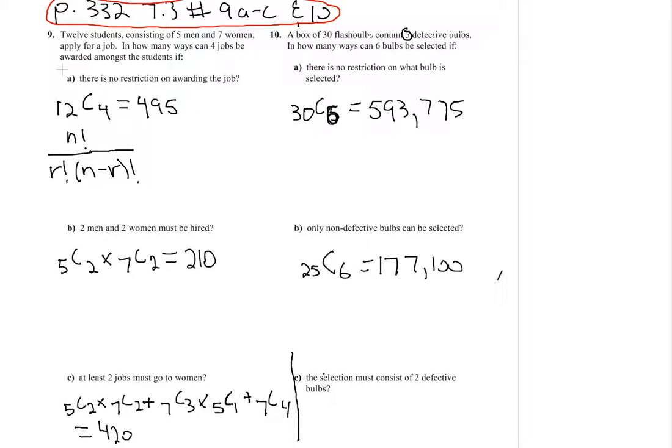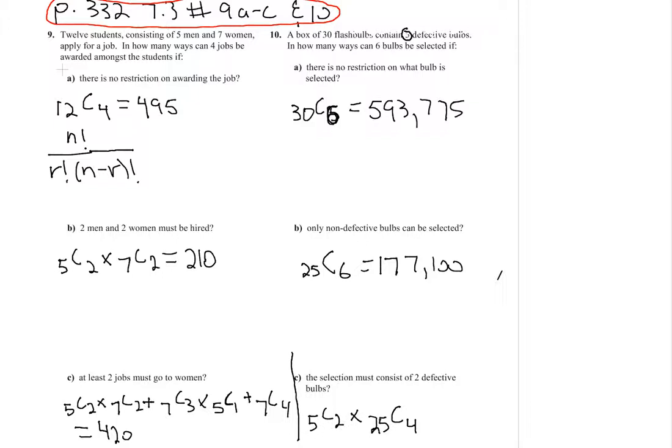Lastly, we have C. The selection must consist of 2 defective bulbs. So now we have more restrictions. Of the 5 defective bulbs, we're choosing 2 of them. Take a second to note this is a very tricky situation, because a lot of times people think that you use the 2, and really it's actually the 5, because of the 30, you've already accounted for 5, and you're choosing 2 of them.